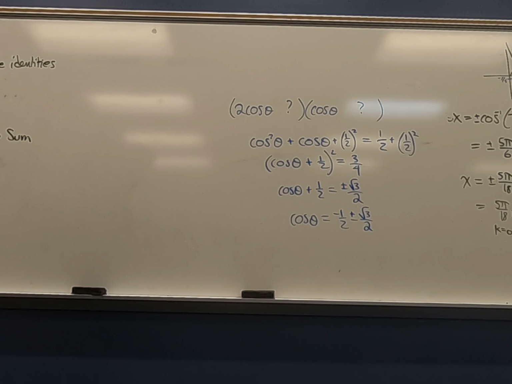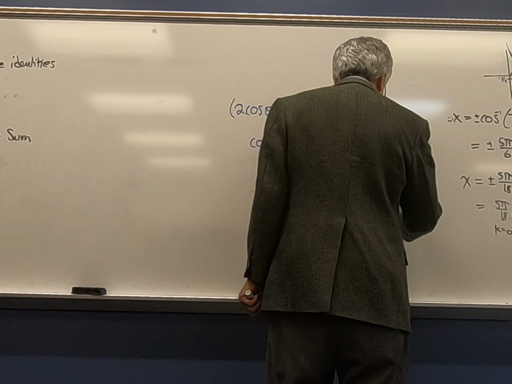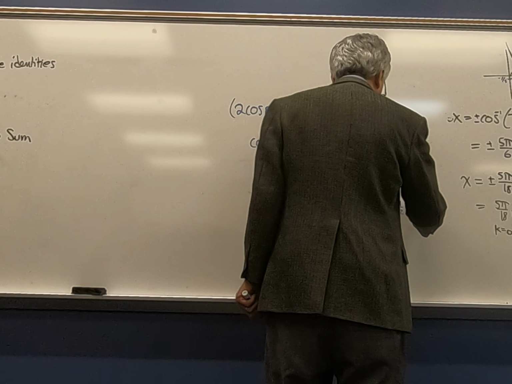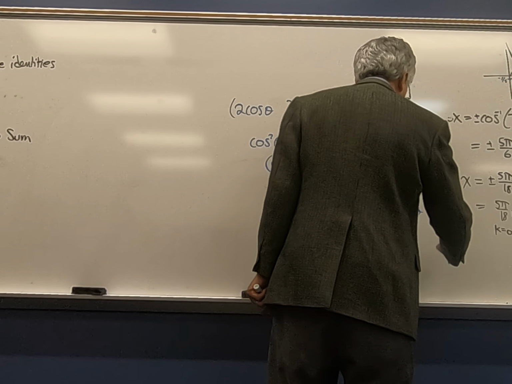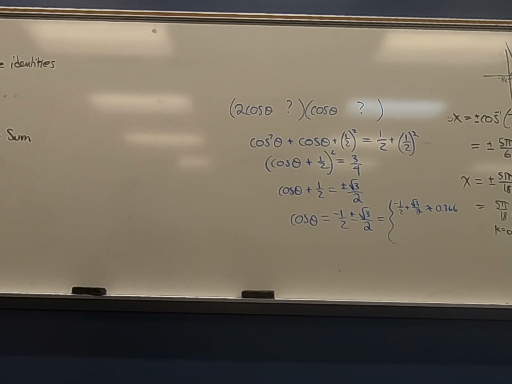No. Maybe. They look like a point on the circle. Well, let's see. If we add, -1/2 plus the square root of 3 over 2, we get about 0.366, which is -0.5 plus 0.866.